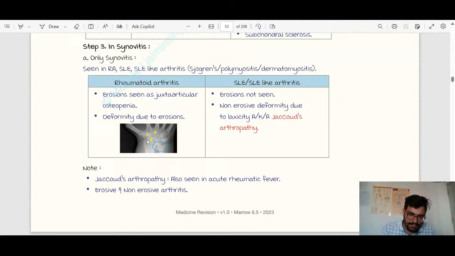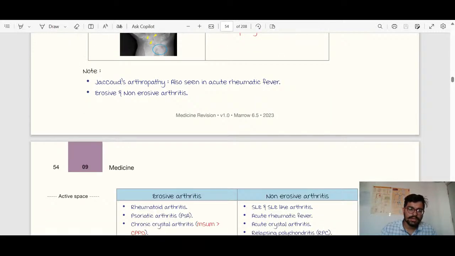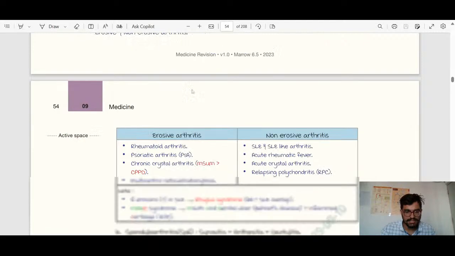Here, erosion takes place in the bones. In SLE and SLE-like arthritis, erosion is not seen; there is non-erosive deformity due to laxity, also called Jaccoud's arthropathy. Jaccoud's arthropathy is also seen in acute rheumatic fever.